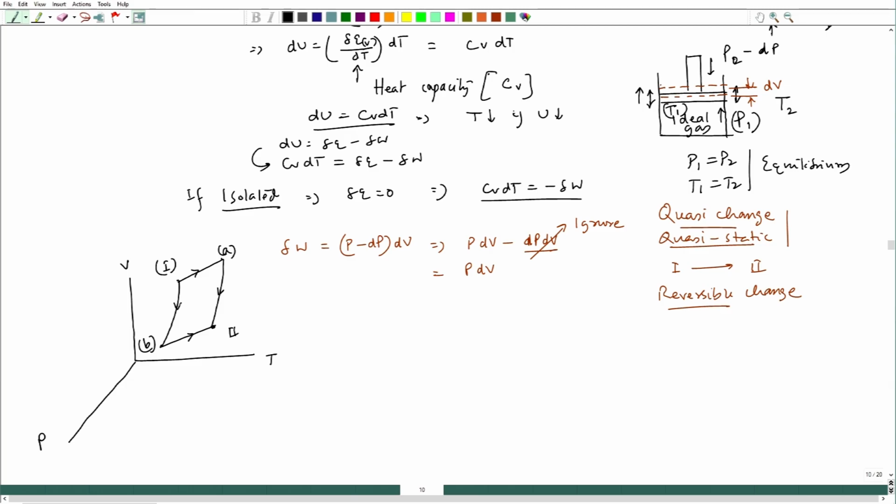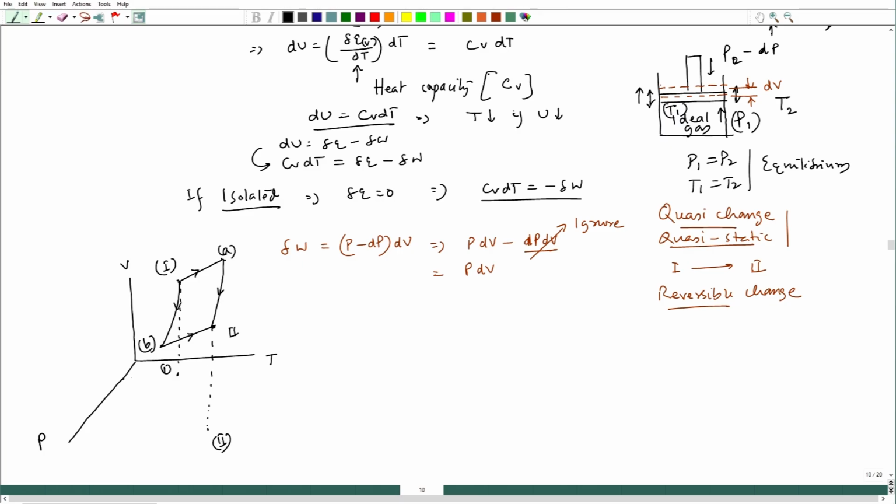These are the two paths, and we have decided those paths in such a fashion that this is 1 and this is 2. So the path 1 to A goes through a constant pressure process.